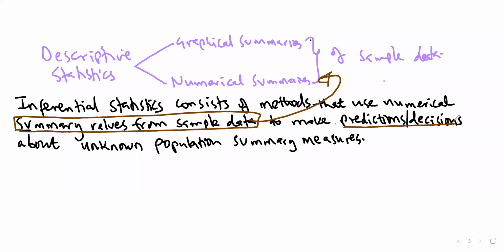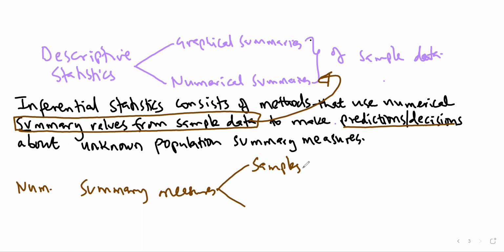I want you to note that there are two types of numerical summary measures. Some of them come from samples, and those are the ones we are calling descriptive statistics, and others come from populations.